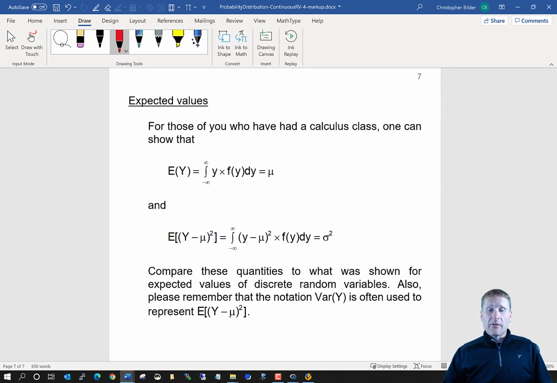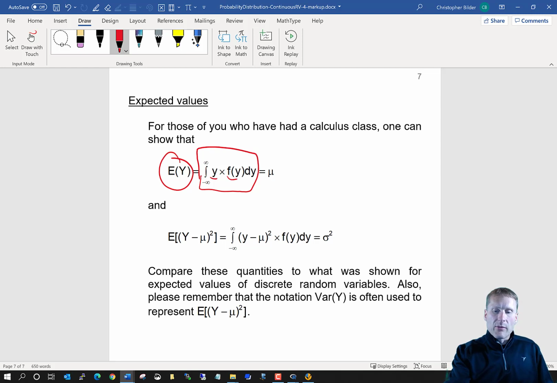Well, yes, we can. So I might be interested in, well, what would I expect the wind speeds to be on average? And so I can find the expected value of y for that. And you can go ahead and do the integration over the range that y is, perhaps it's between negative infinity and positive infinity. And the GPA example would be between 0 and 4. And what you do is you take y times f of y dy. That would be the integral that you would actually do.